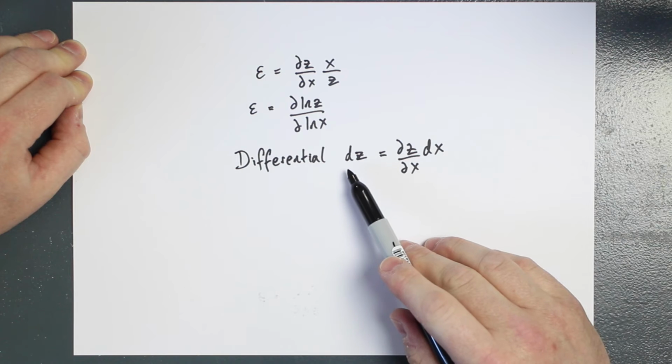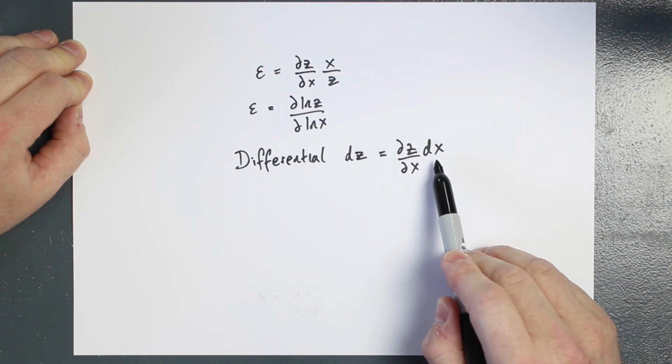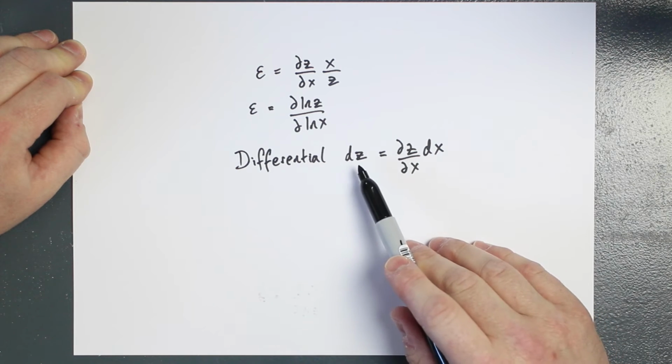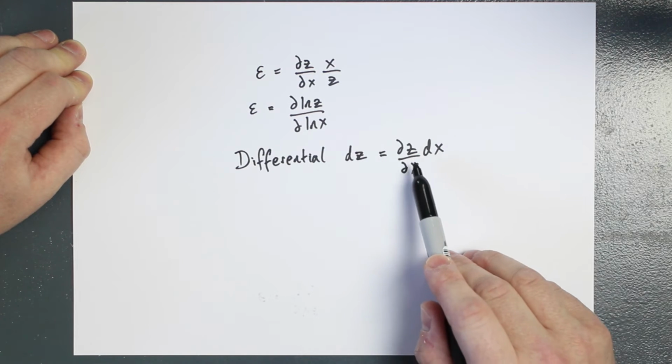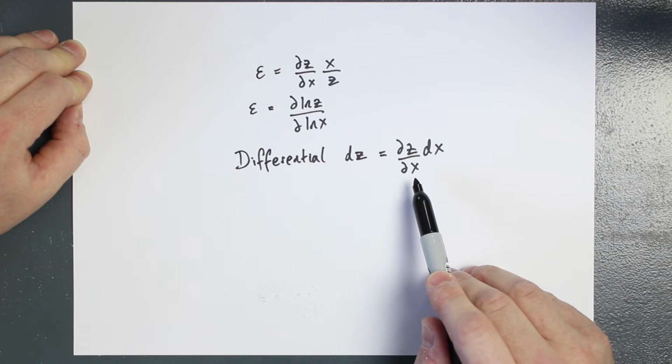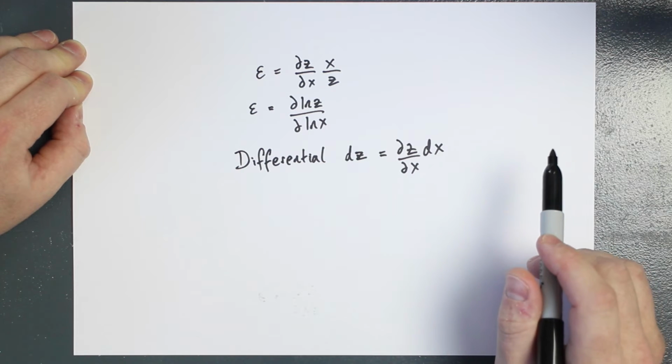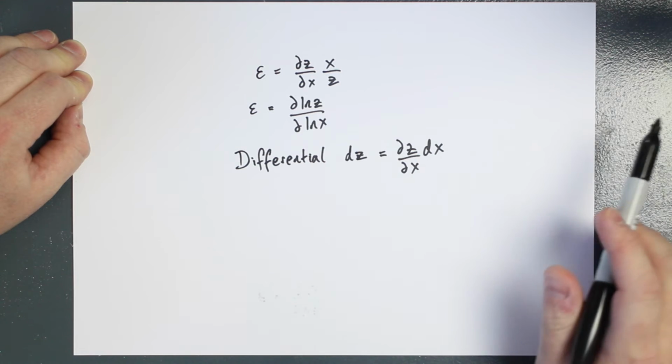So this is essentially saying a small change in x. How does that change z? Well, we take that small change in x, multiply it by the rate at which it changes z, and that gives you the change in z. And this is called a differential.